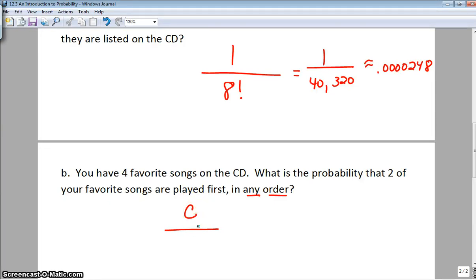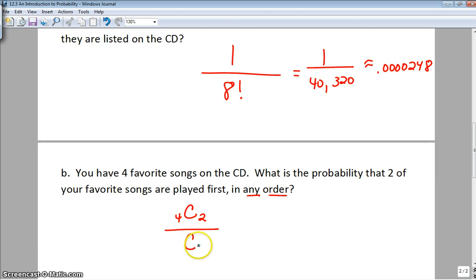So, how many ways to get a favorable outcome? It is a combination of 4 songs choosing 2, because we want to pick 2 of those 4 favorite songs in any order, so it's a combination. Out of the total number of outcomes, which is how many ways can I pick 2 songs from the whole CD.